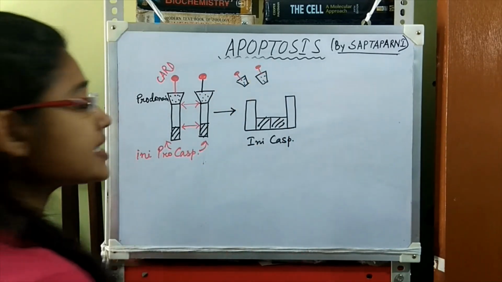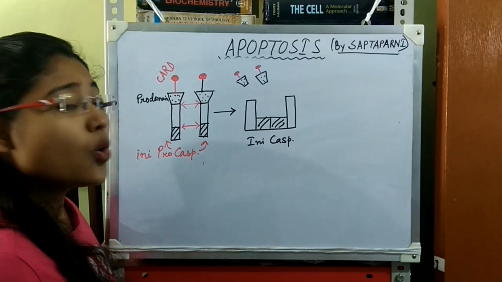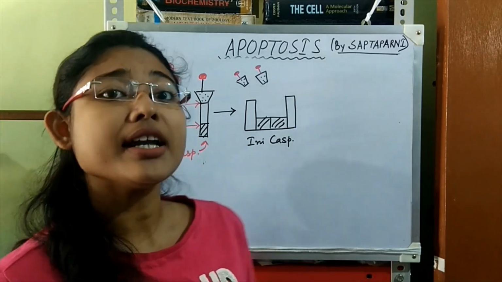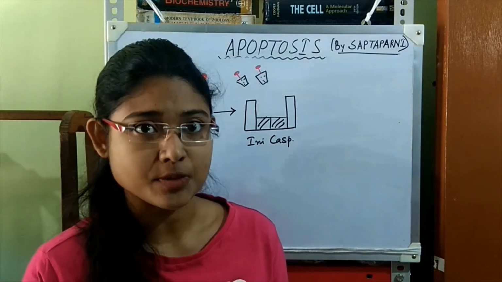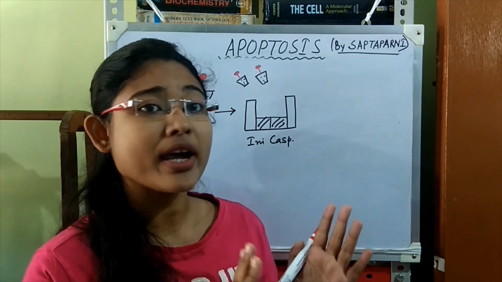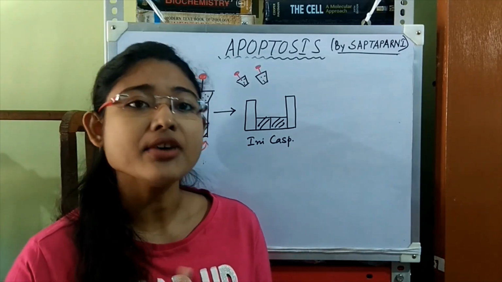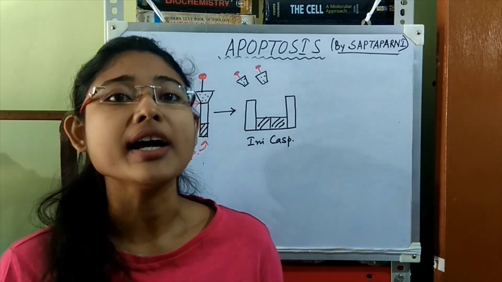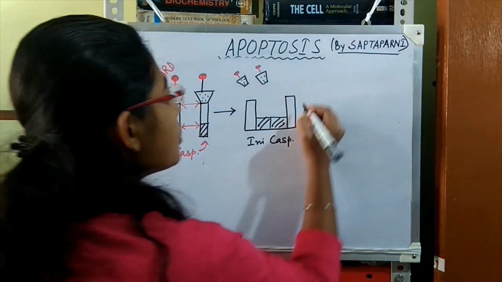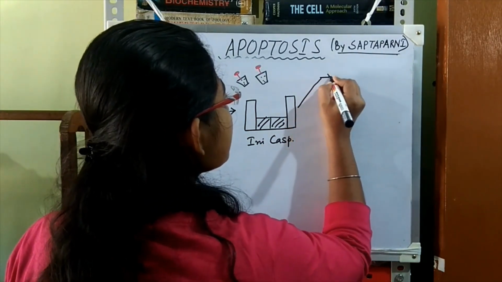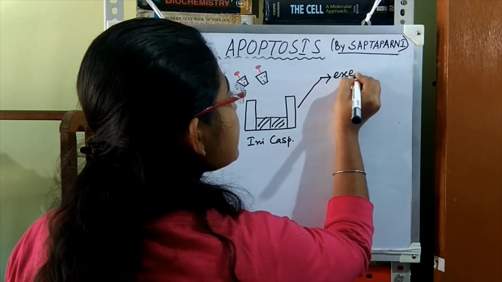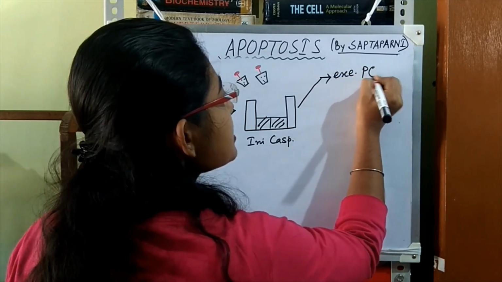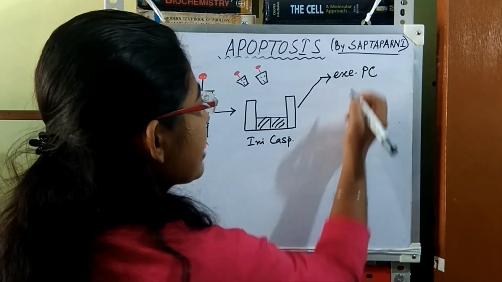Now this initiator caspase will activate other executioner procaspases in the way I have already told, and form the executioner caspase. Let's write PC; PC means procaspase.